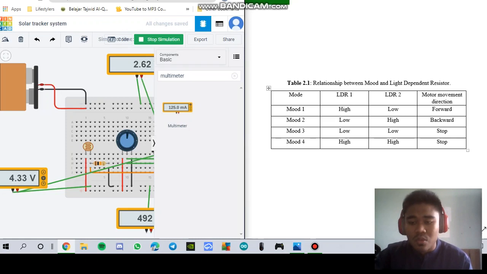So how do we stop the motor? For LDR1 and LDR2 in mode 3, we put both at low, or the second option, mode 4, where we give the high condition on both LDR1 and LDR2. The motor will automatically stop.